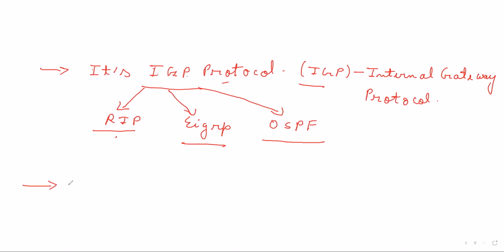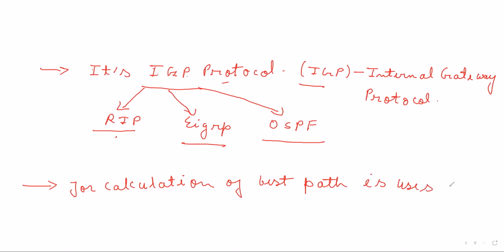Okay. For calculation of the best path, it uses a metric called cost. How will it calculate the best path?